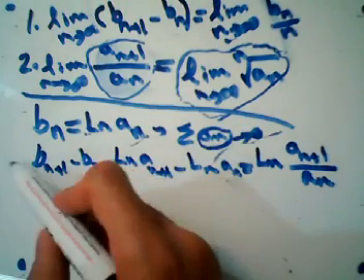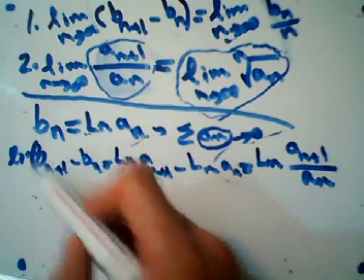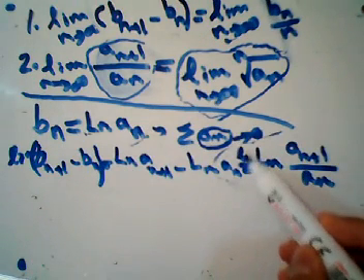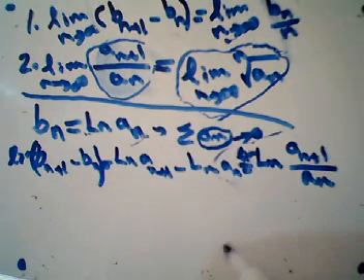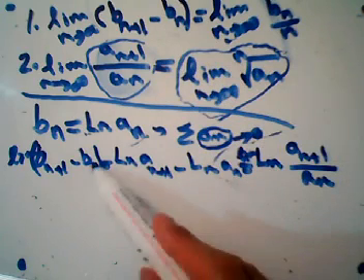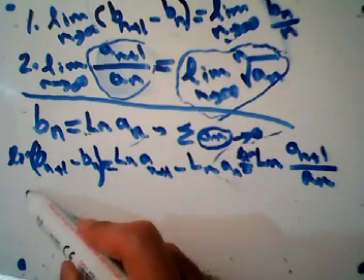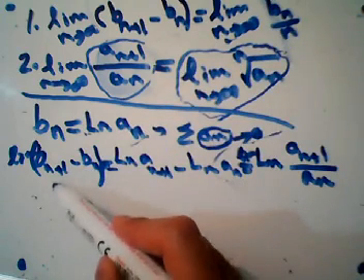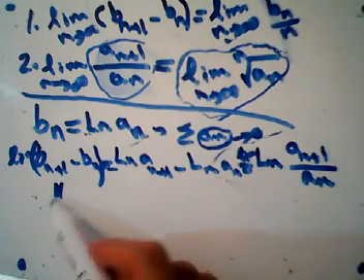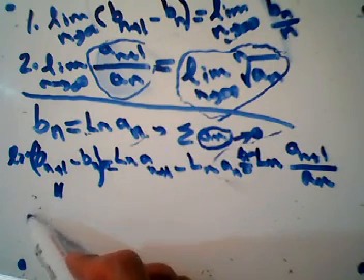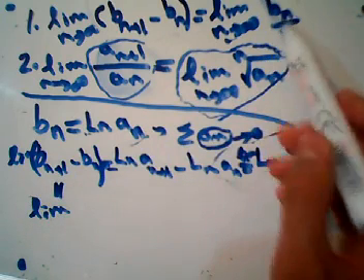And according to the first theorem, the limit of this would be equal to the limit of b_n over n.